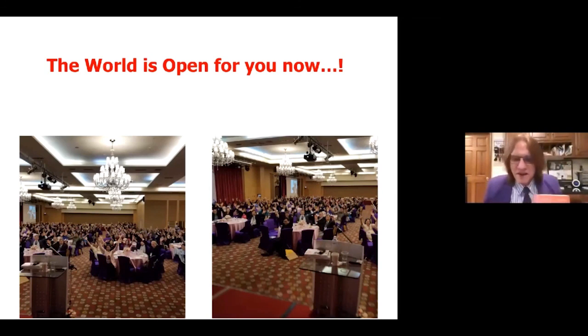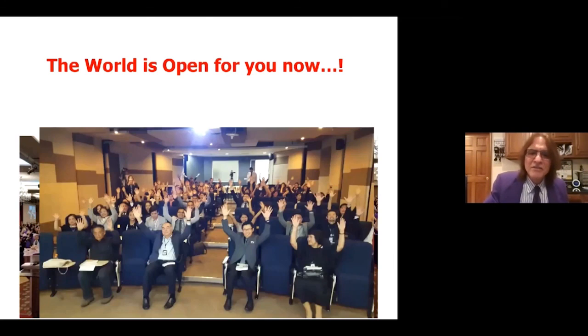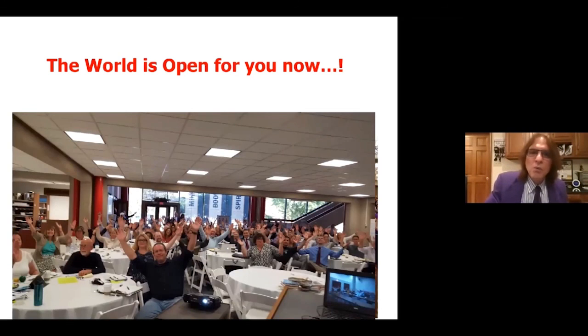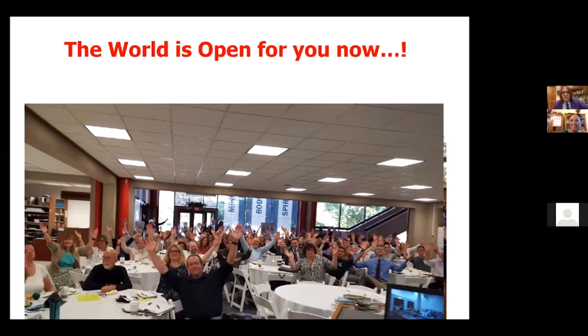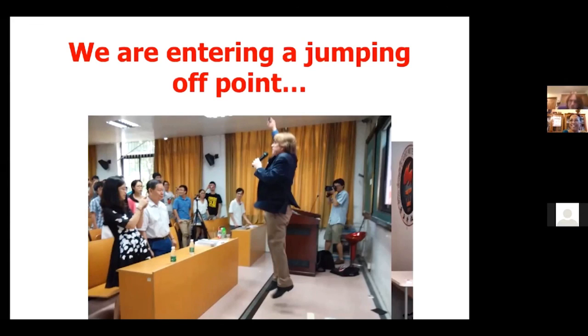Now they're doing this in Taiwan, in Bangkok, in Singapore, in Indiana, in China, all over the world. We're at a jumping off point. So can I have everybody stand up with me, and at the count of 3, jump. All the women, all the ladies, jump with me on the count of 3.